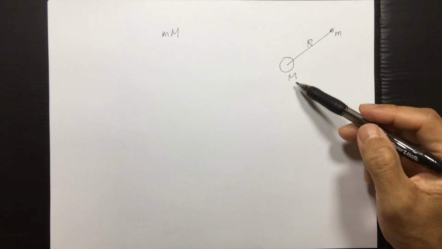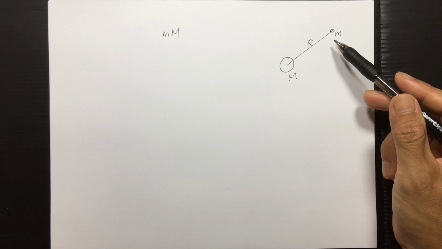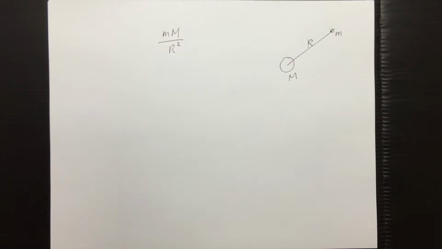In other words, if mass gets bigger, there's more gravity, more gravitational pull. And it is also inversely proportional to r squared.